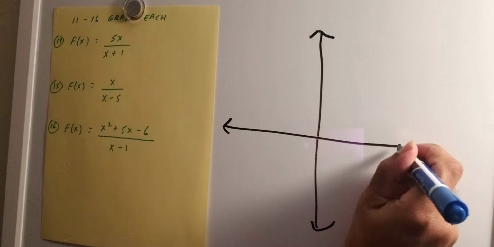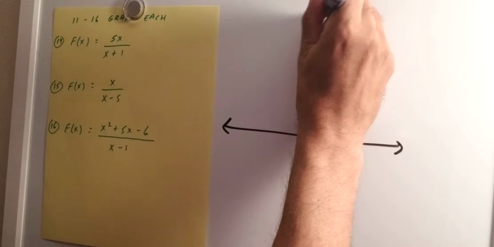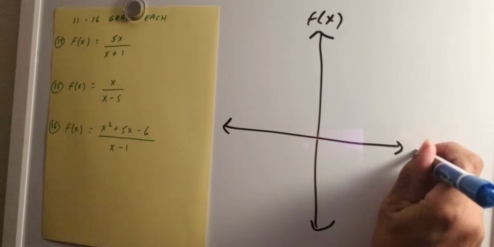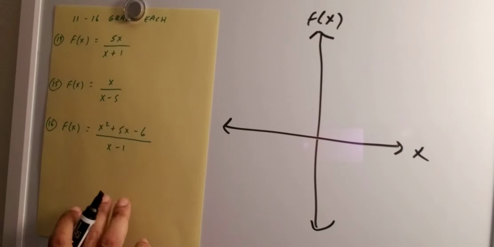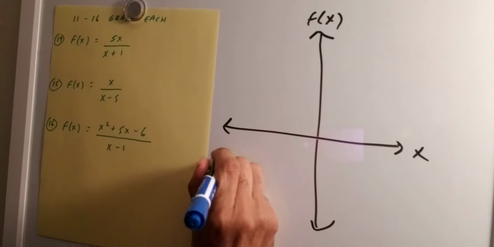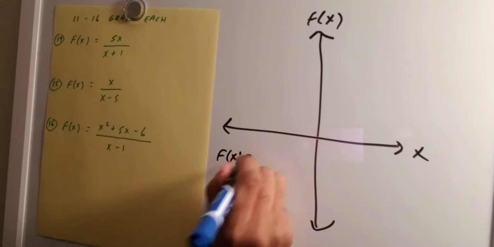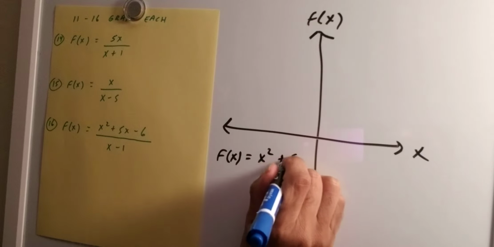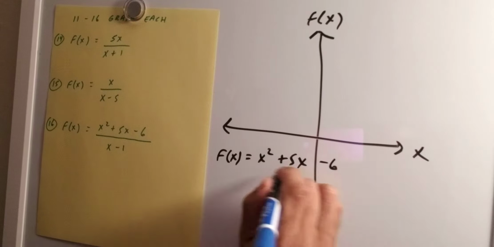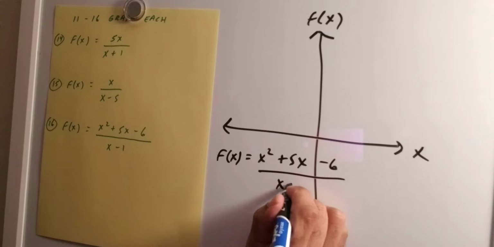Sometimes I write the function first, sometimes I set up the graph first. And let's find a spot to get this function in. f of x equals x squared plus 5x minus 6 all over x minus 1.